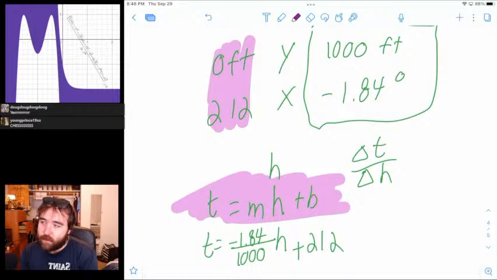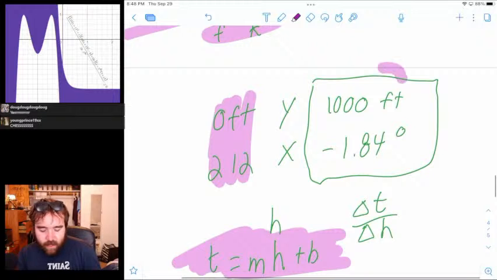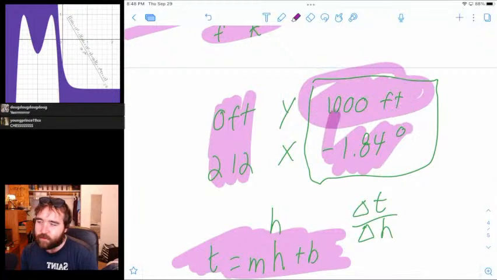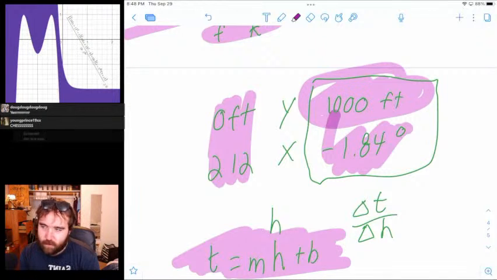Do they tell you it's linear? Do they tell you it's constant? Uh, no. But they tell you that every time it goes up 1,000 feet, the boiling point decreases by 1.84. Yeah, they do say that.